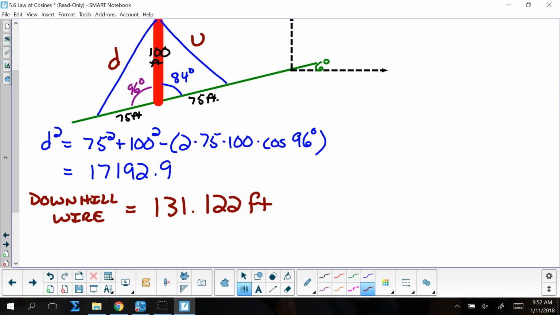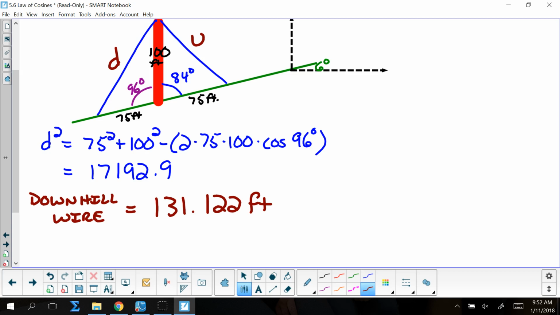Now, logically speaking, is the uphill wire going to be the same length? No, because it's got a different angle, right? Logically speaking, is the uphill wire going to be longer or shorter? Shorter, because it's got less of a distance to go.